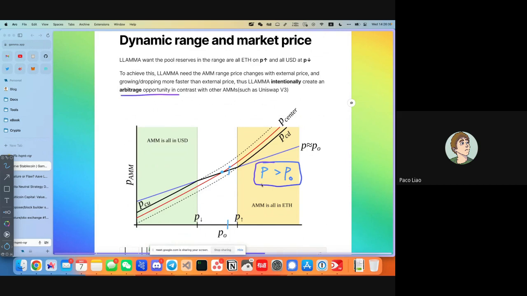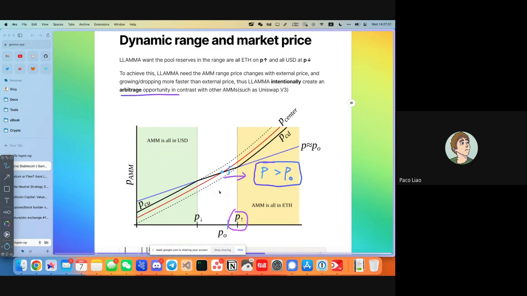Because the ETH price in the pool is higher than the external price, arbitrageurs will dump their ETH into the pool. So the pool will get ETH. With the price increasing, the pool will accumulate more ETH, until this P up, where all the tokens in the pool are ETH.